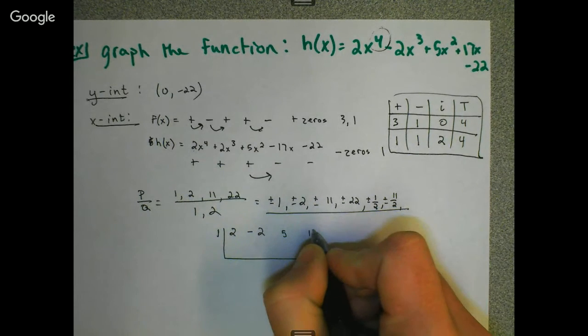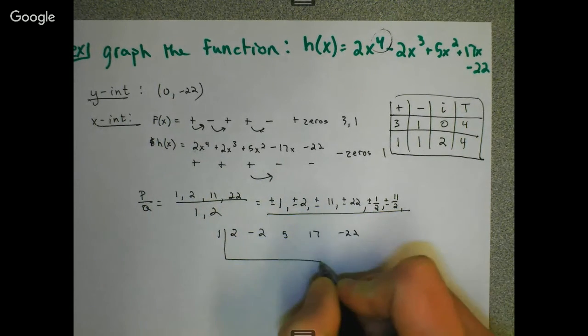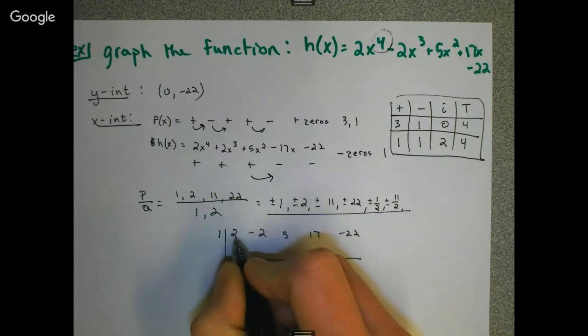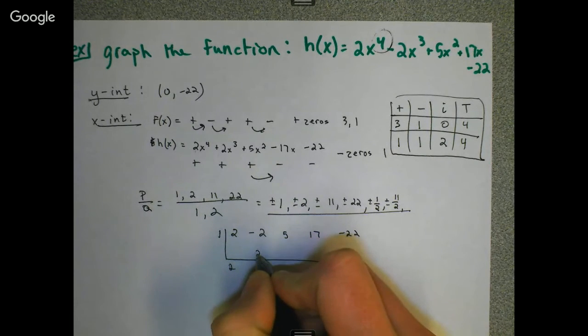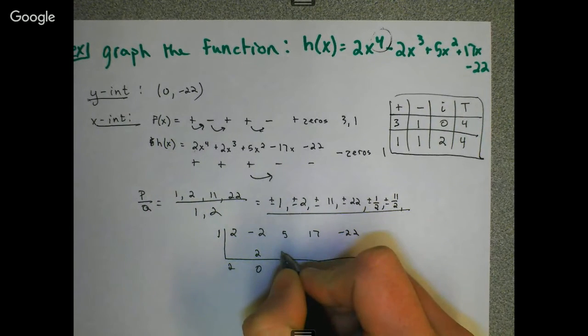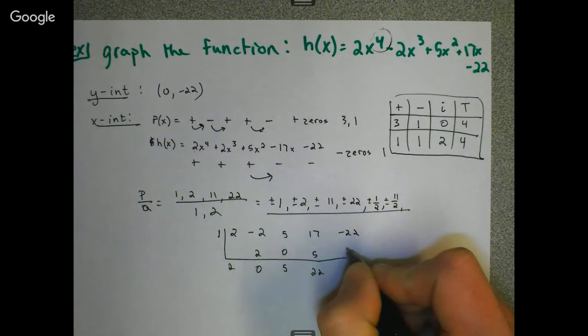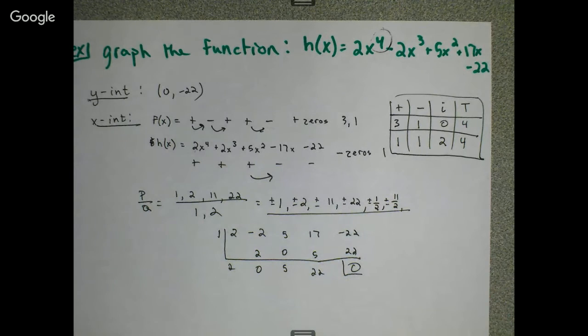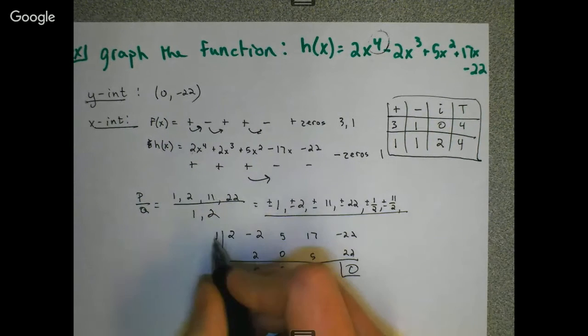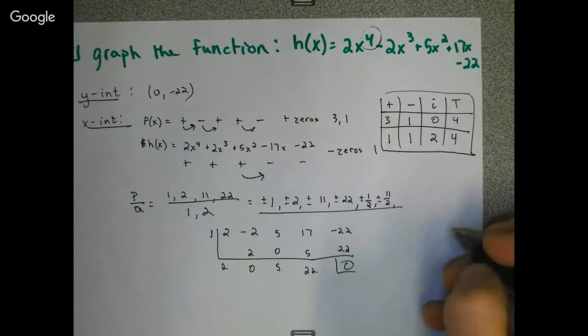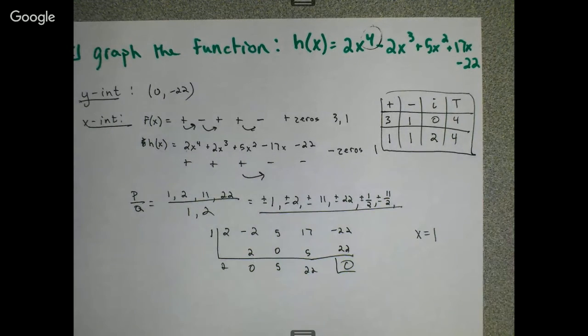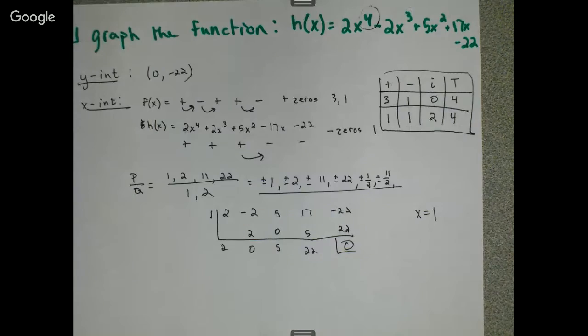5, 17, negative 22. Okay, so 2, 2, 0, 0, 5, 5, 22, 22, 0. So this was a 0. So x equals 1. It crosses my x-axis at 1.